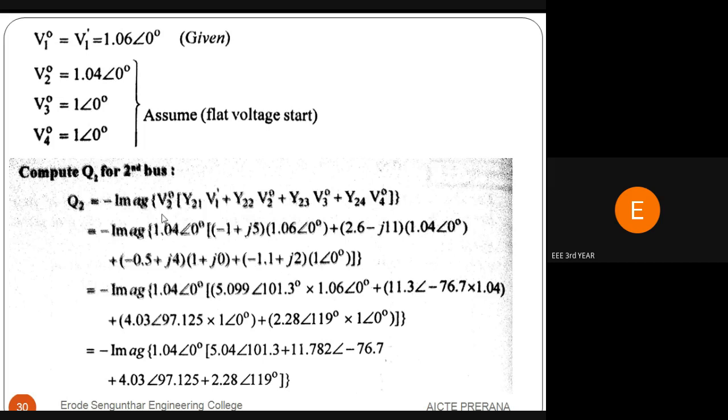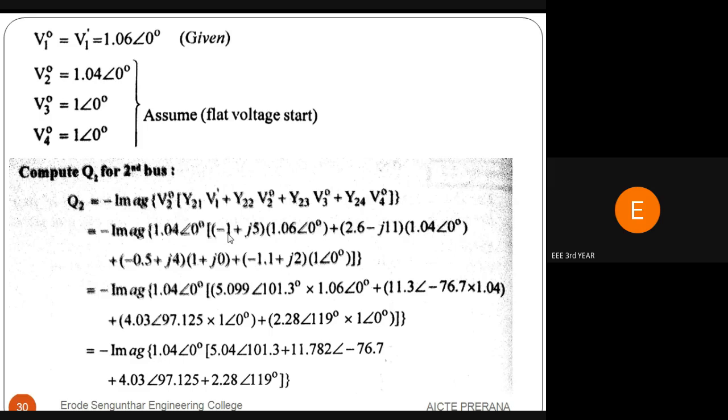V2 naught is 1.04 at an angle 0, as given. Y21 is taken from the Y bus matrix, written as minus 1 plus J5, and V1 dash is the first voltage, 1.06 at an angle 0. Y22 from the Y bus matrix is 2.6 minus J11, into V2 naught, 1.04 at an angle 0.